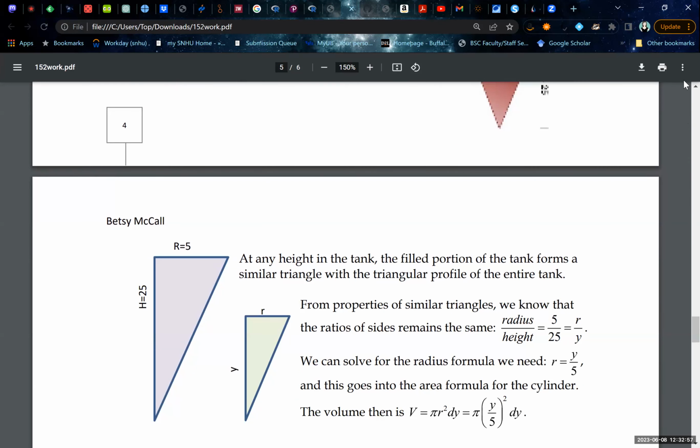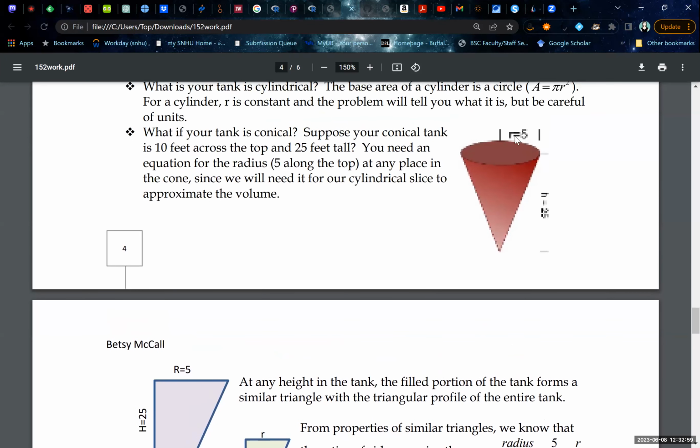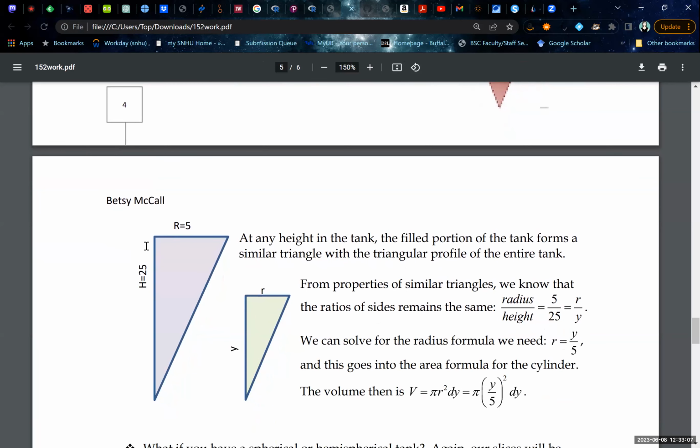So in our conical example here, I've said the radius was 5 feet and the height was 25 feet. Translating that into just a triangle, think about it like cutting the cone in half, and then I'm taking a cross-sectional slice to get this relationship between the height of the cone and the radius of the full cone. At any point along that cone, I have the height, which is the distance in y from the bottom, and then the radius at that slice that I'm interested in.